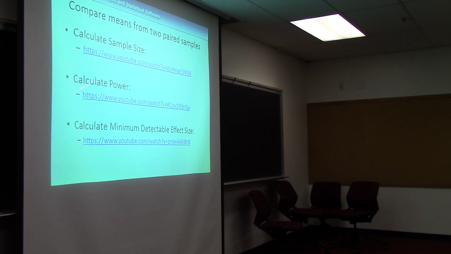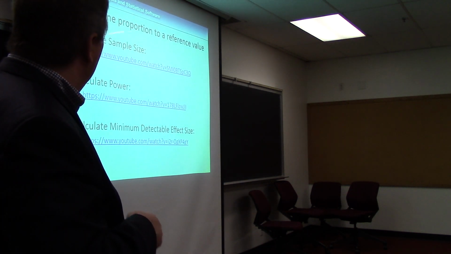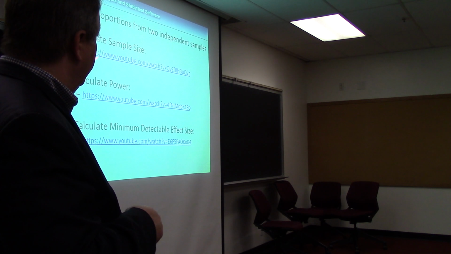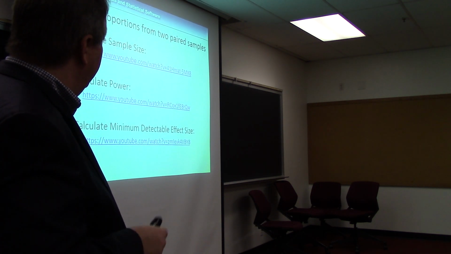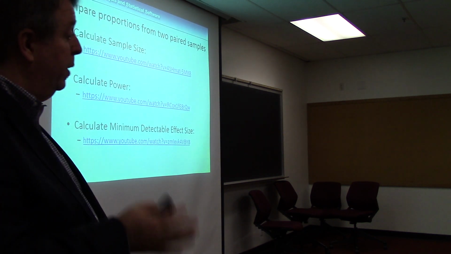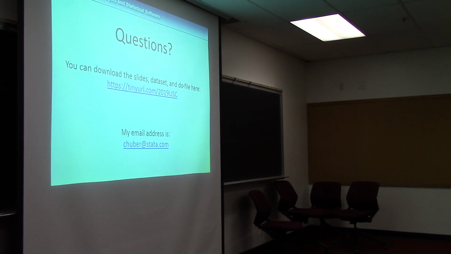How do you calculate sample size, power, and minimum detectable effect size for two paired samples? One-way ANOVA, how do I do it for that? Compare one proportion to a reference value. Compare two independent proportions, and two paired sample proportions. There are tons and tons of videos up on our YouTube channel on how to do power calculations like this.